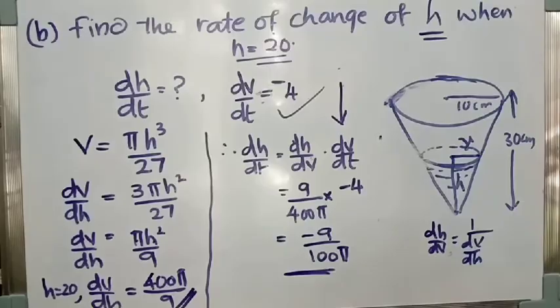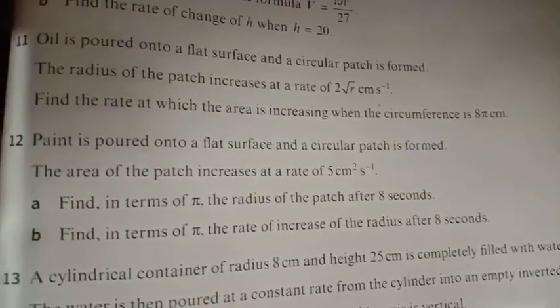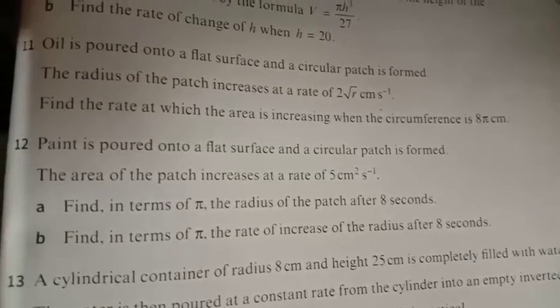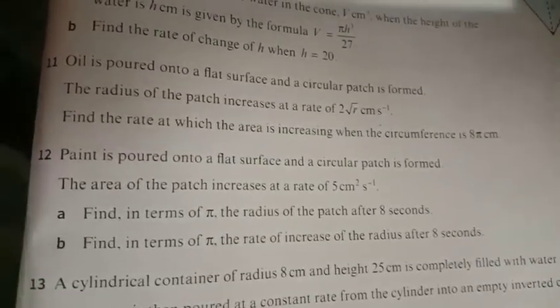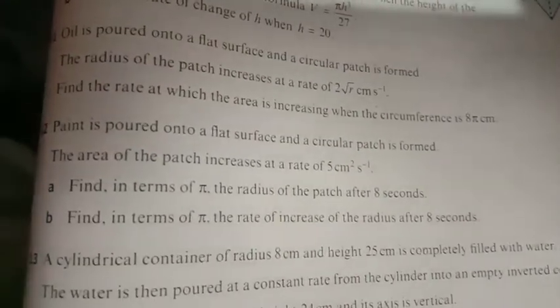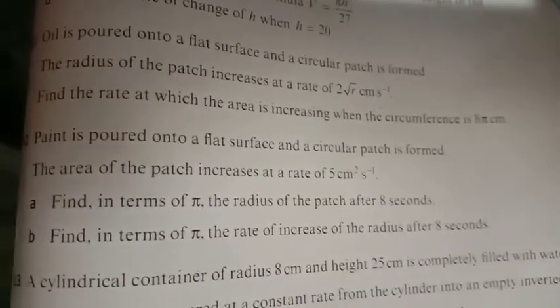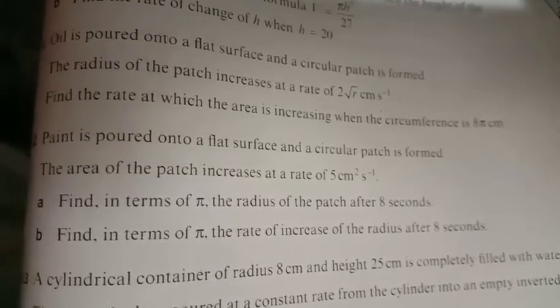Okay. Question. A paint is poured onto a flat surface and a circular patch is formed. The area of the patch increases at a rate of 5 centimeters squared per second. Find in terms of pi, first, the radius of the patch after 8 seconds.